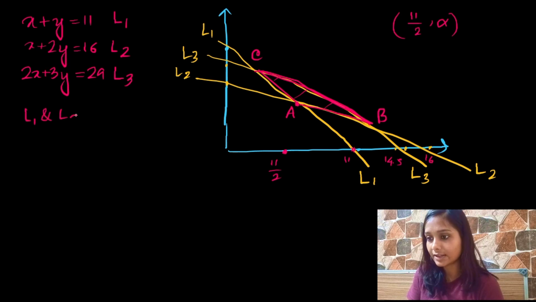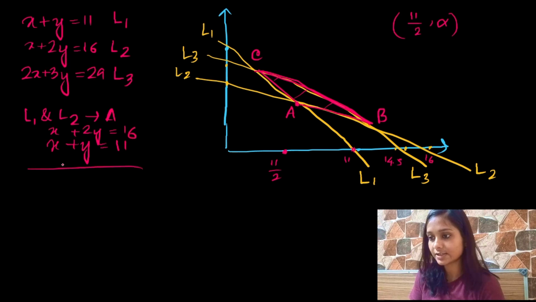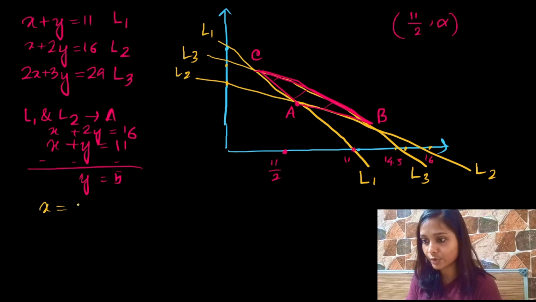If we solve these two equations, x plus y equals 11 and x plus 2y equals 16, and subtract, we get y equals 5, so x will be 11 minus 5, which is 6. So the 11 by 2 point will be before it.